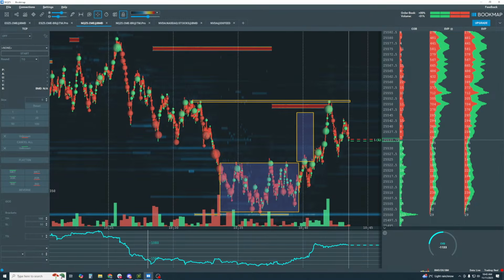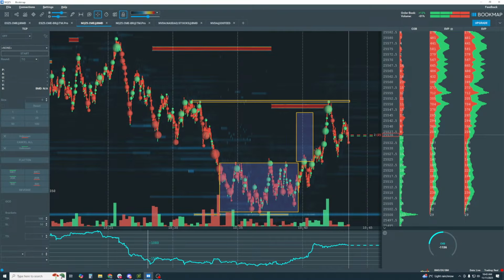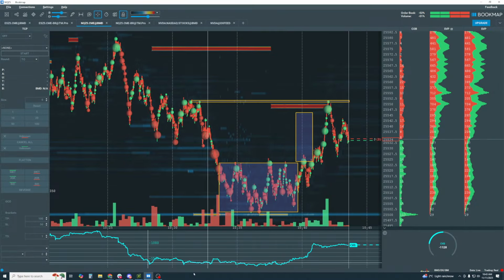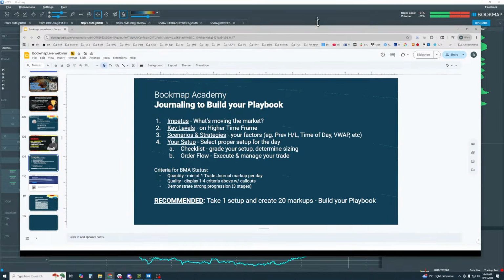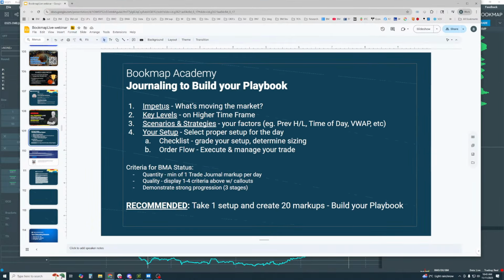Any questions? Any questions on this kind of bigger picture plan? This plan here will work with any setup. I mean, it's really important. You have to have an outlook for the day, and understand what's driving the markets, why, and then your key levels, and then scenarios and strategies around those key levels.